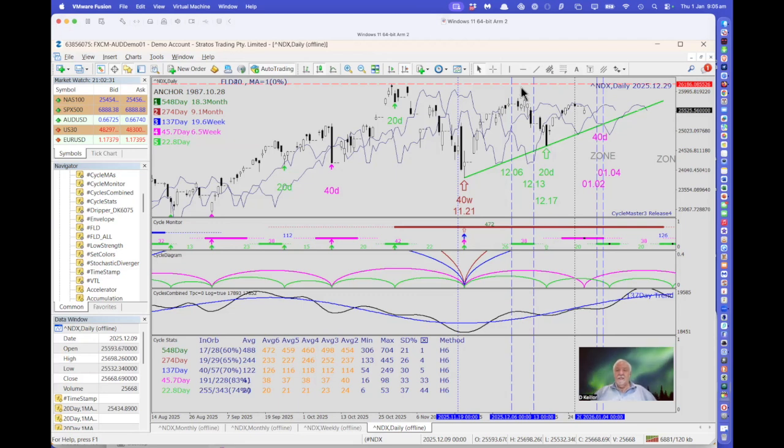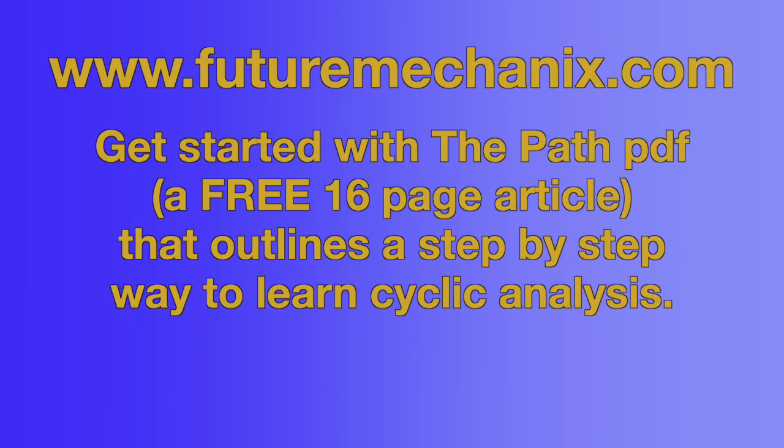Cyclically, that suggests that the ending low of the 40-day cycle should be lower than the starting low. Now, that's a guide, and nothing about cycle analysis is perfect or hard and fast. This may be an exception to that rule. Let's see. Time will tell.